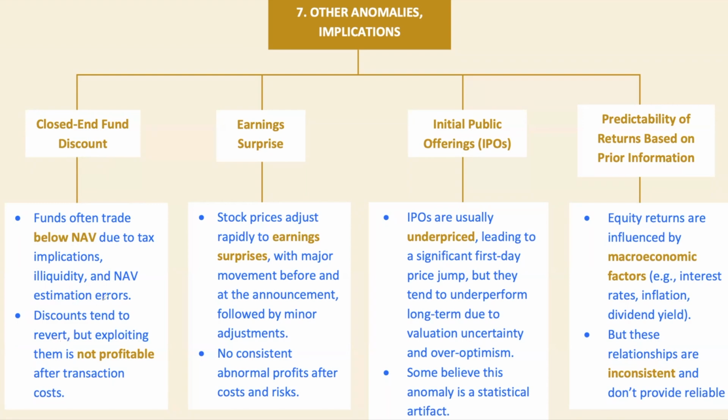But the discount might persist because of intangible factors like market sentiment, tax liabilities, or liquidity. Studies generally find that trying to exploit this discount is not a surefire path to alpha once you factor in costs and the risk that discounts could widen further. Over time, these discounts might revert, but it's not consistently profitable in a strong sense.